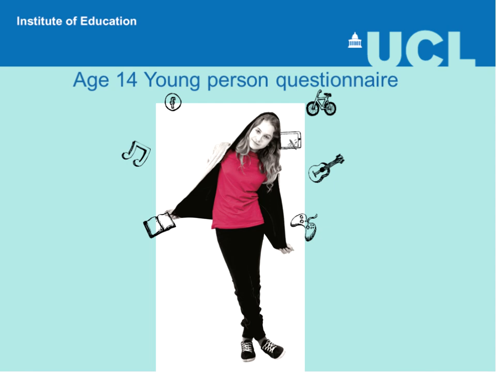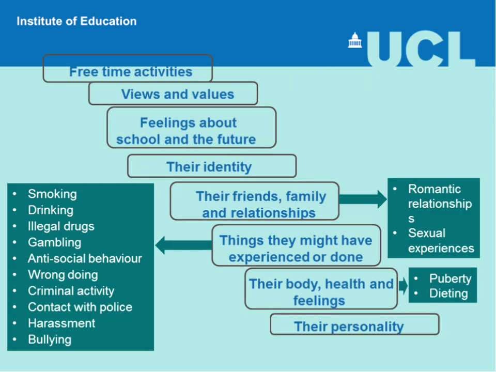Turning now to the young person questionnaire, as I've said, it's about 45 minutes long and is carried out on a tablet computer, which the young person is in fact encouraged to take away to their room to complete on their own. As we are asking them a wide range of topics at age 14, naturally we're including some more sensitive areas.